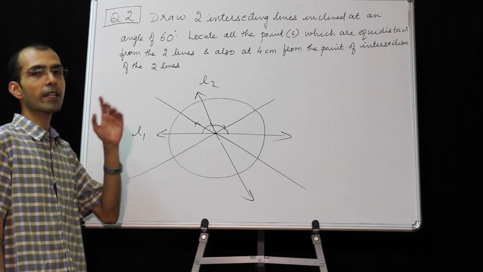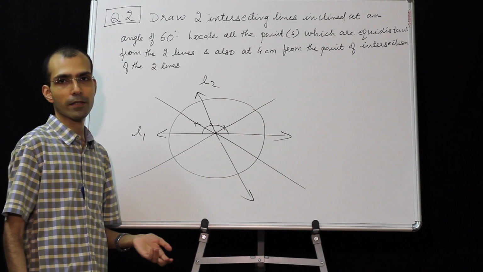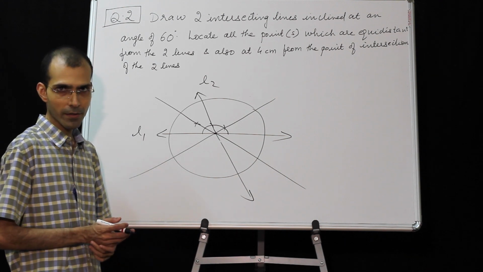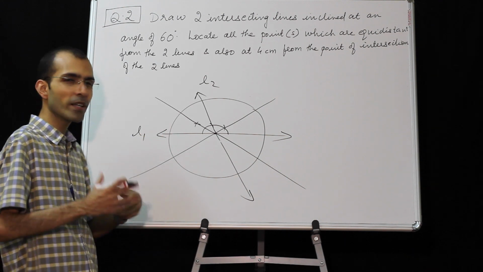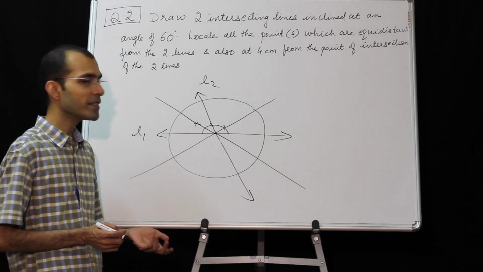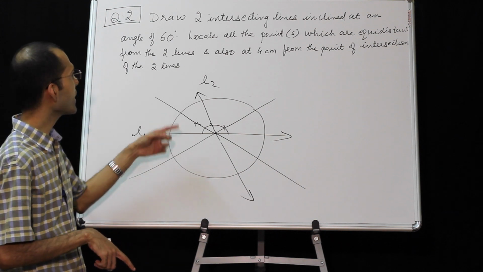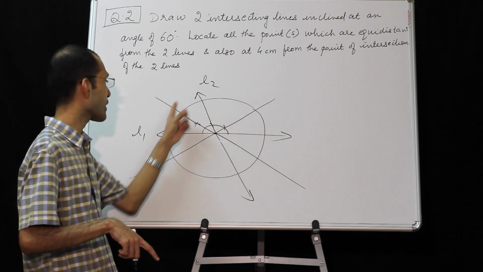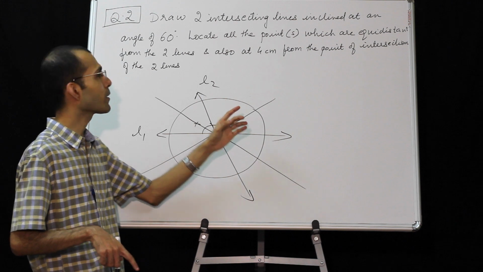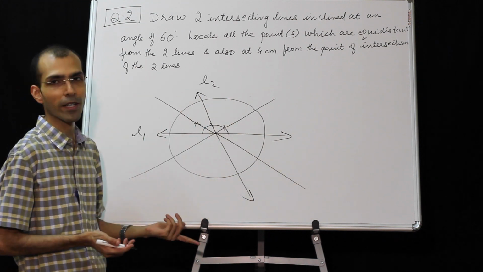Now we have to locate the points which satisfy both the conditions. Which are these conditions? They should be equidistant from the two intersecting lines. That means they should lie on the angle bisector. At the same time, they should lie on the circumference of the circle, because they have said 4 centimeter away from this fixed point.